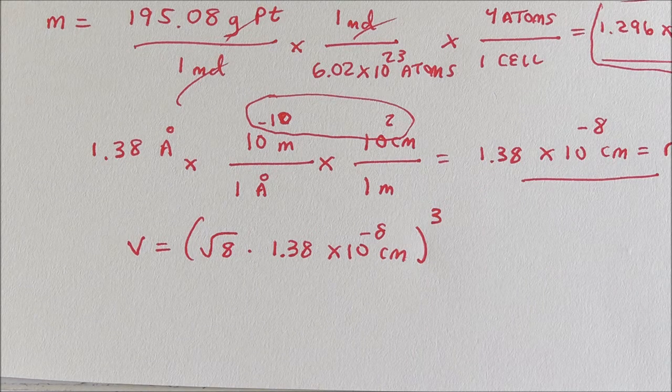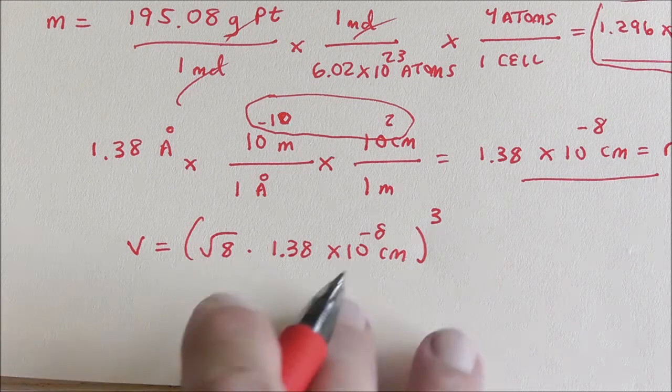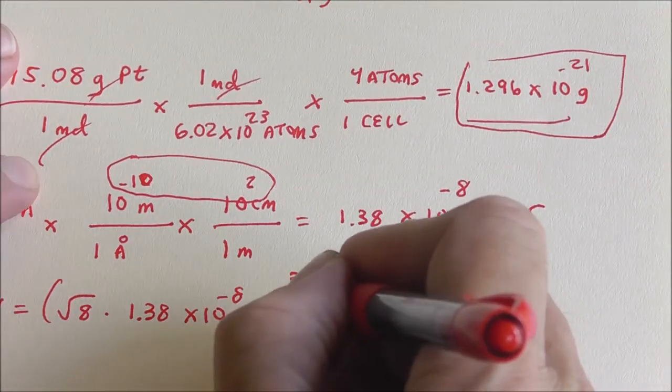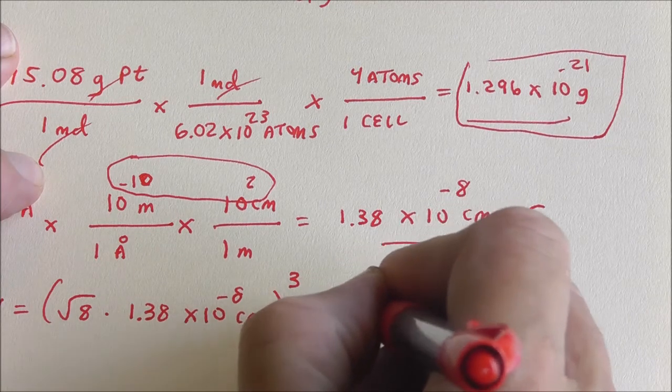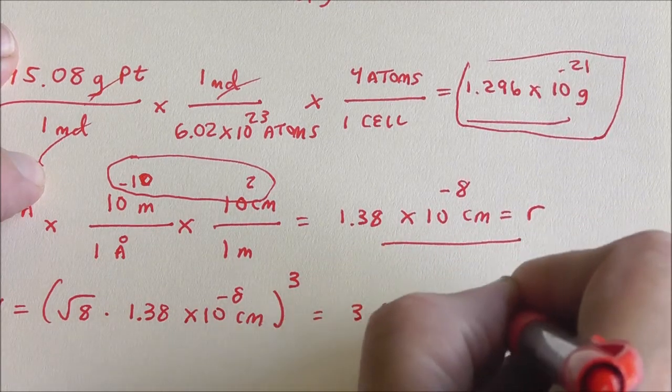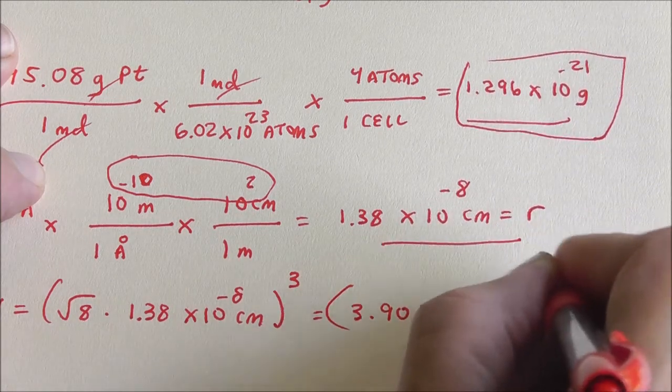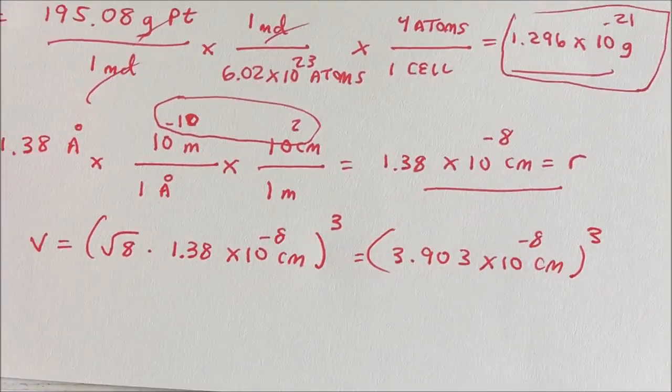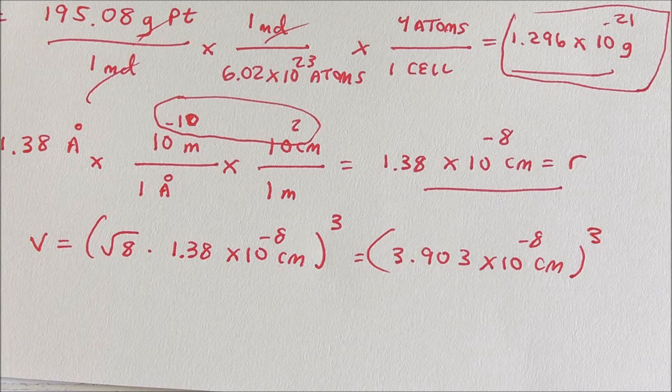So times 1.38, this means this is going to be 3.903, we'll call it, times 10 to the minus 8 centimeters. Got to cube that, folks. Got to cube it. So 3.903 times 10 to the minus 8.